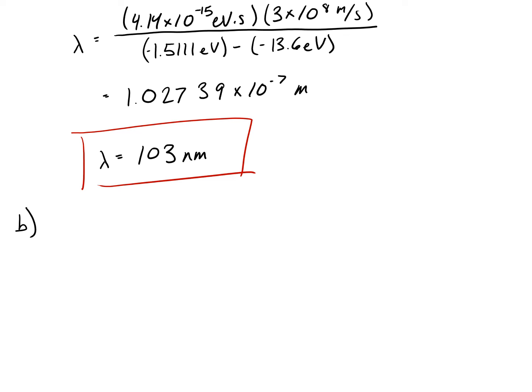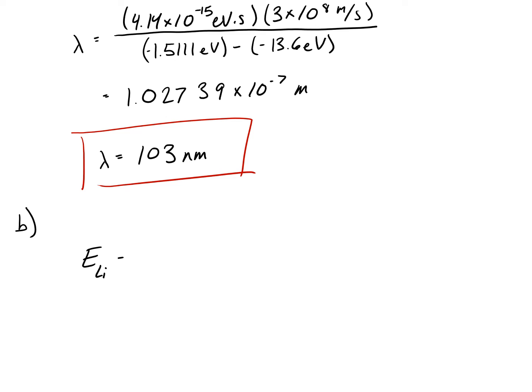In B, we need to see if this wavelength can be absorbed by lithium. In order to do that, we're going to need an equation that we haven't seen in this class.